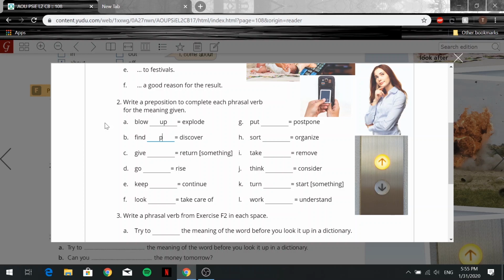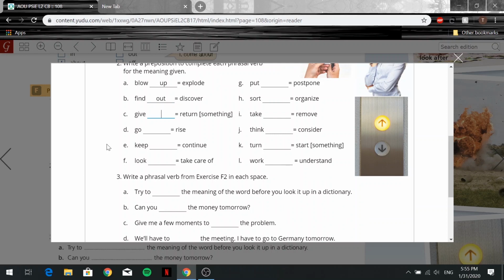So we'll say find out. C is give, means to return, so we'll say give back. D, go means rise, so we'll say go up. E, keep means continue, so we'll say keep on. When someone says keep on moving, don't stop, that means continue.